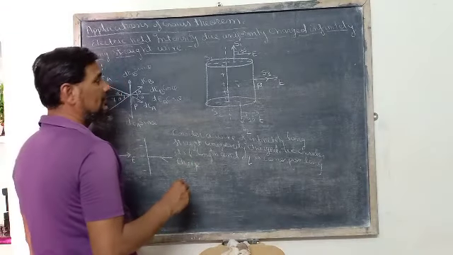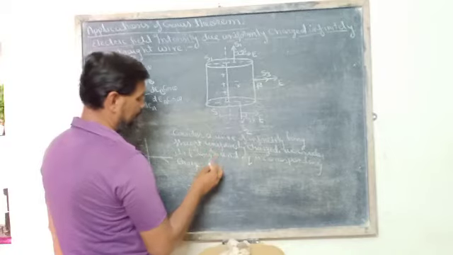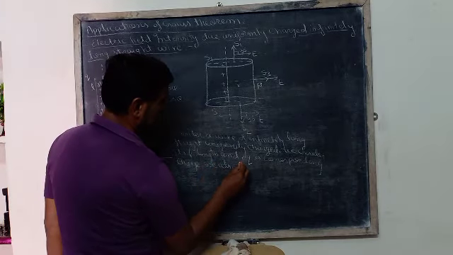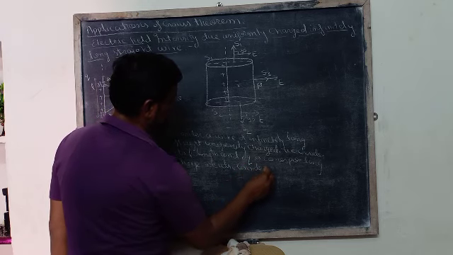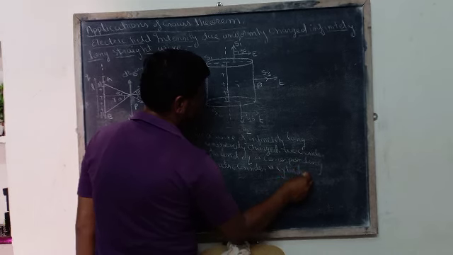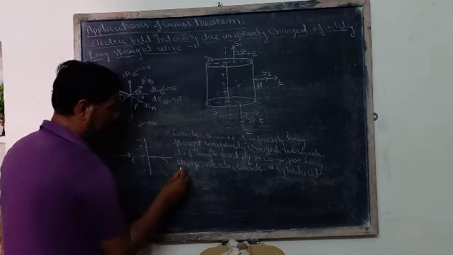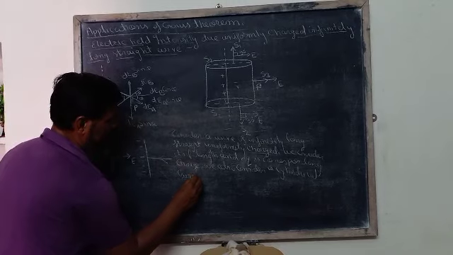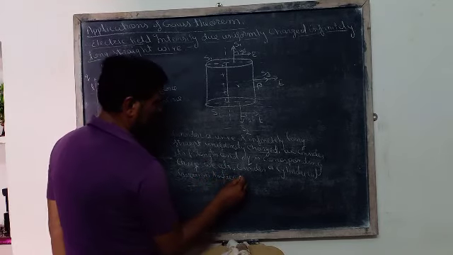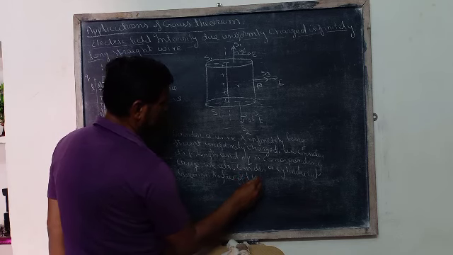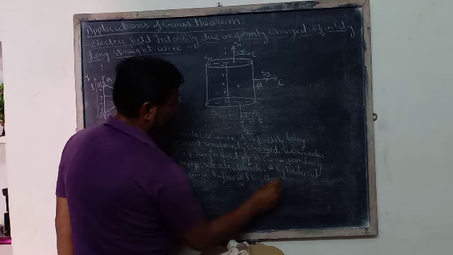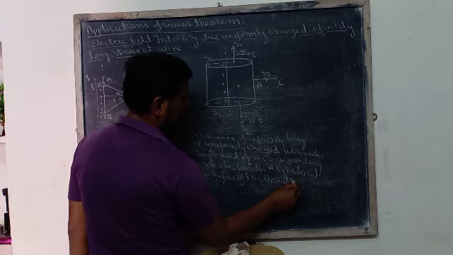We also consider a cylindrical Gaussian surface of length L and radius R.